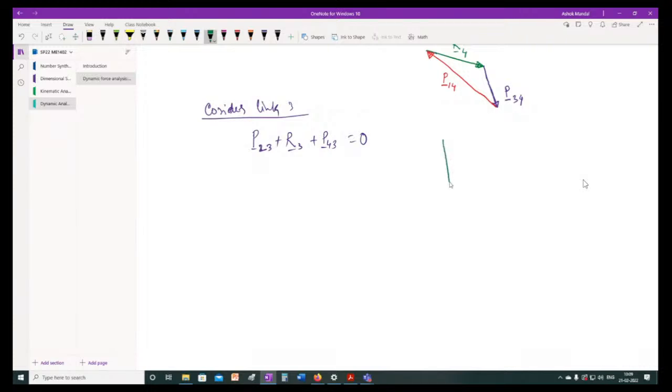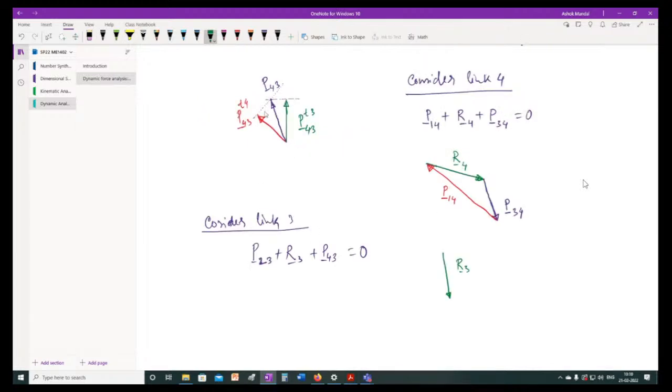R3 may be like this. That is known to us. From this diagram, we know what is P43, so we draw that P43. This one is P43. That means the completing vector is P23.